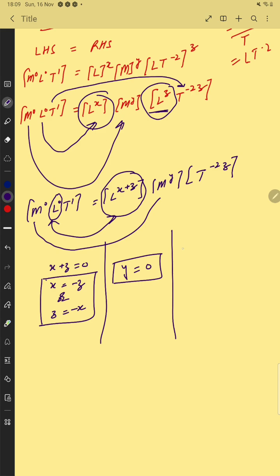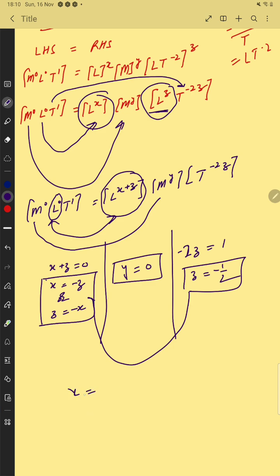Now matching time, minus 2z is equal to 1, so z is equal to minus 1 by 2. So x is equal to plus 1 by 2.